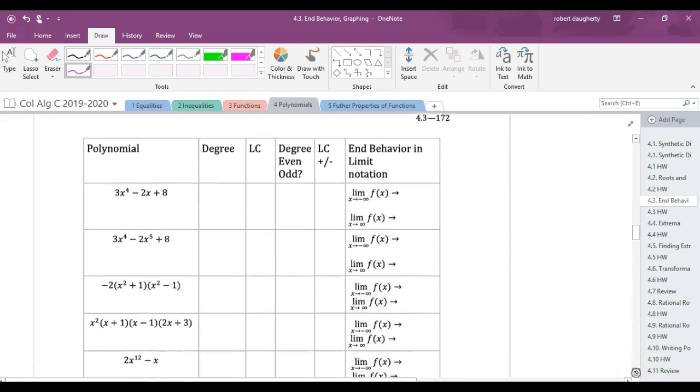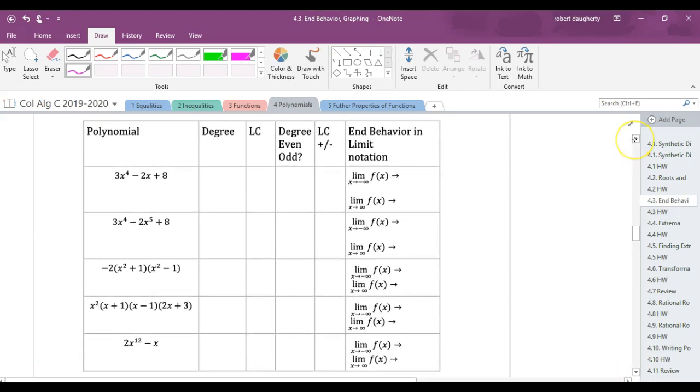So, let's do some examples. First one, what is the degree of this polynomial? Let's go with 4, okay? The highest degree term I see is 4. What is the leading coefficient? 3. Now, what I'm really interested in, the degree of this thing, is that an even or odd degree?